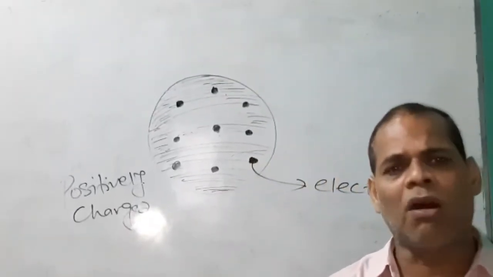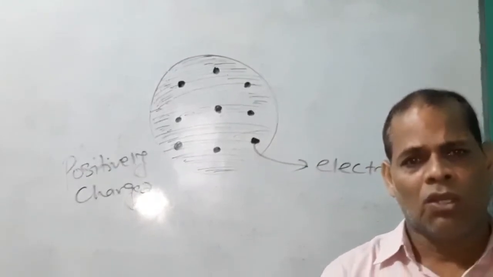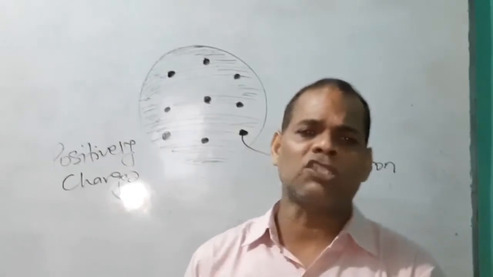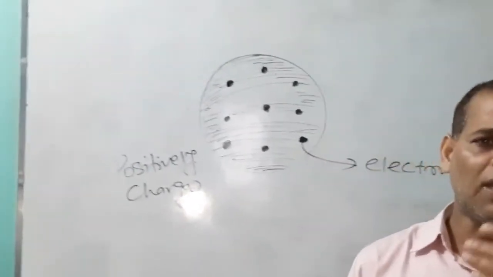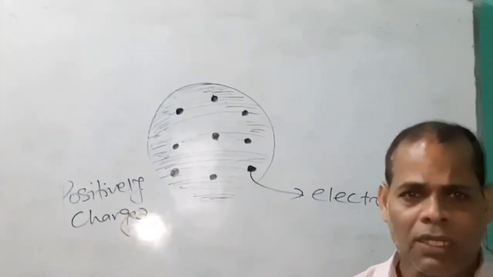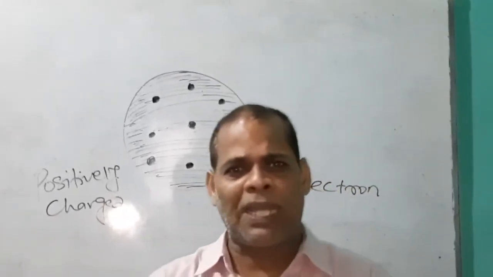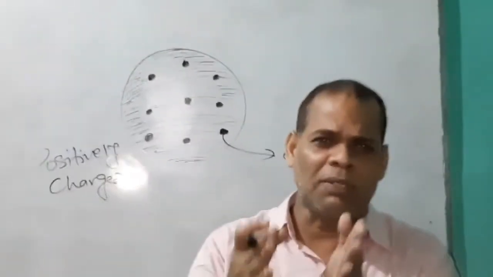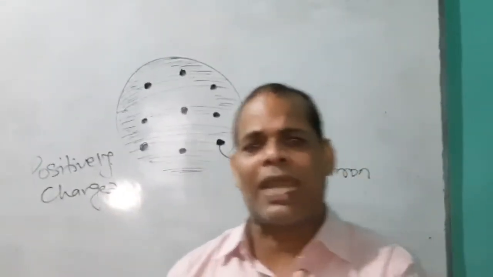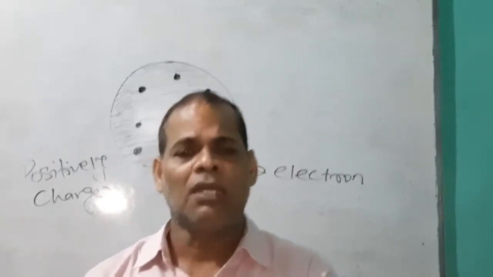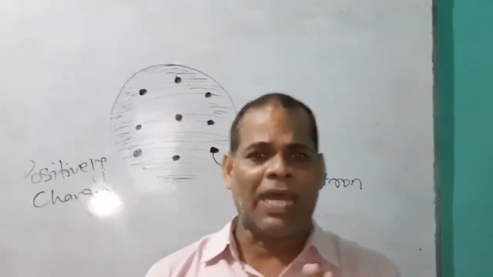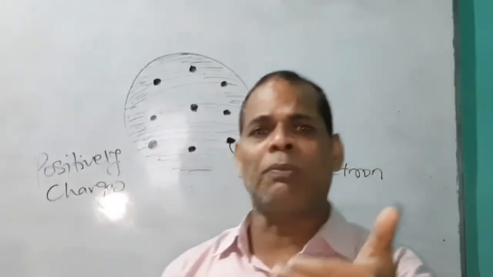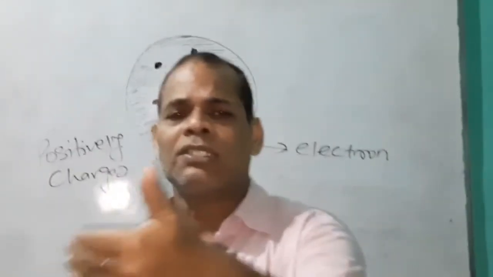But this model, J.J. Thomson's model, could not explain some of the fundamental properties of an atom, as shown by the experiment performed by another scientist.